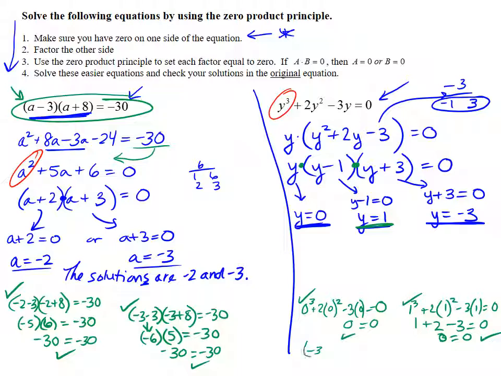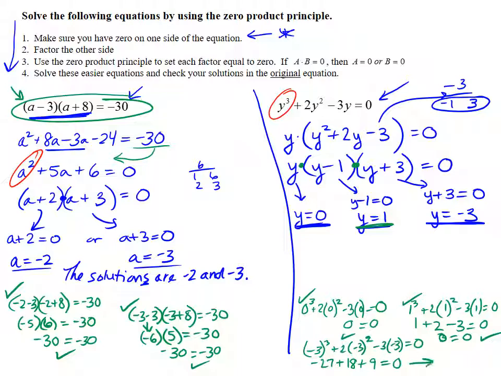So negative 3 cubed plus 2 times negative 3 squared minus 3 times negative 3, is that equal to 0? This one, there's a little more calculation to do. Negative 27 plus, this is going to be negative 3 squared is 9. 9 times 2 is 18. Negative 3 times negative 3 is a positive 9.